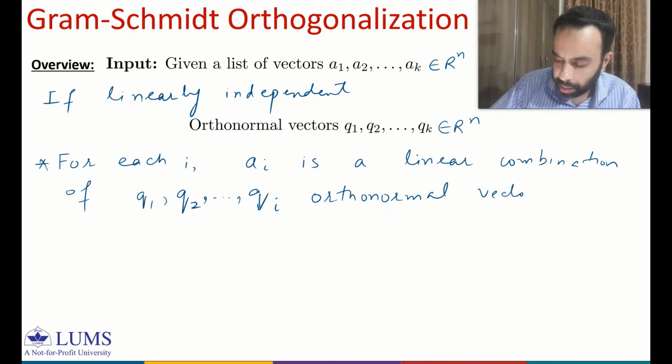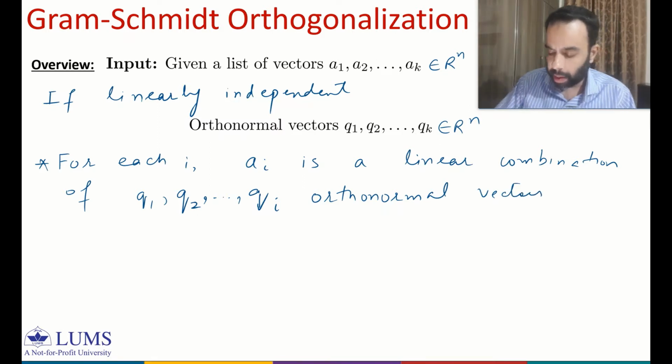This also informs you that if any ai is linearly dependent on the vectors a1 to a(i minus 1), then qi would be 0.